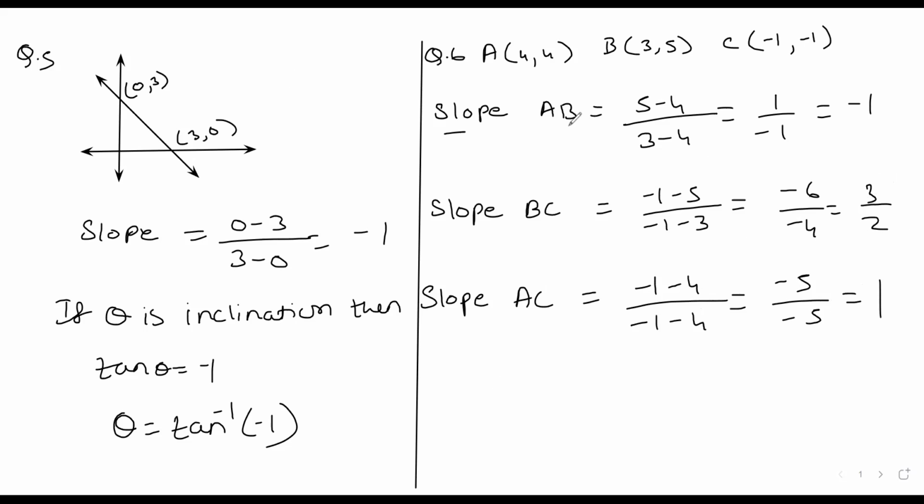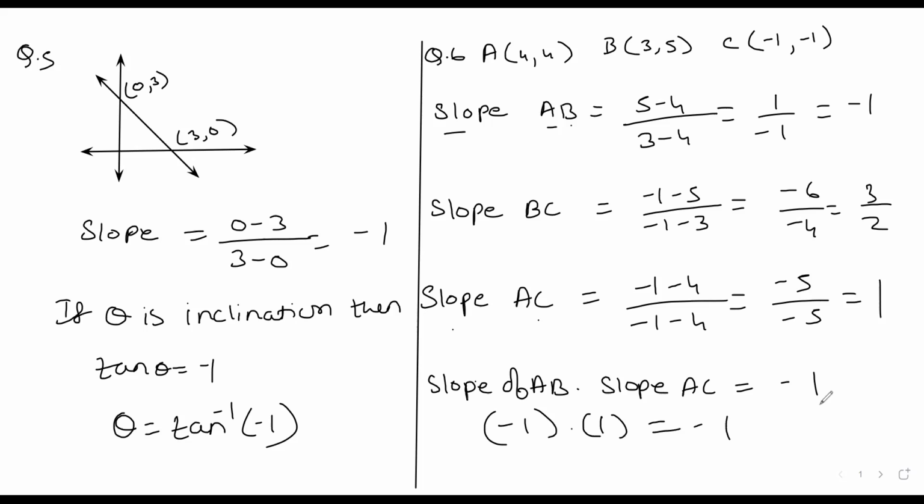Now, if you see slope of AB and slope of AC, their multiplication is -1. Slope of AB into slope of AC is equal to -1, because this is -1 and this is 1, so that is equal to -1. Now, when the product of the slopes is -1, the lines are perpendicular. Therefore, AB and AC are perpendicular to each other.